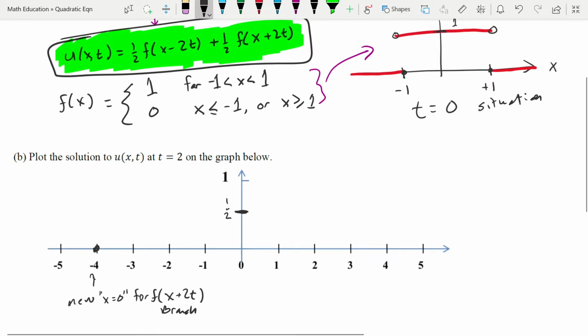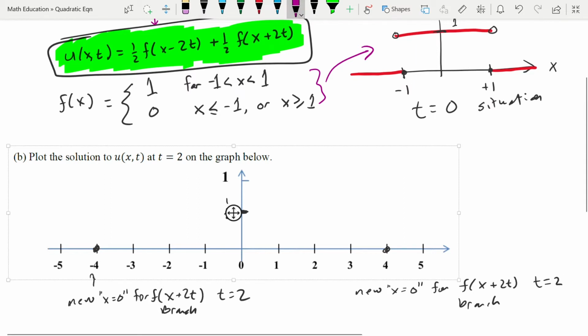And then likewise, this is the new x is equal to 0 for the f of x minus 2t branch. And this is because we've got t is equal to 2 and t is equal to 2. So this quantity, 2t, is equal to 4. Let's just erase that now and clean it up.